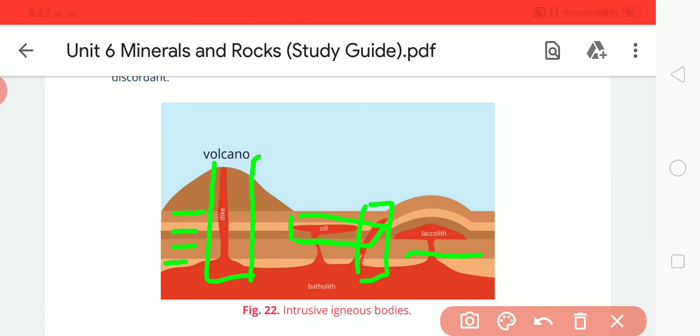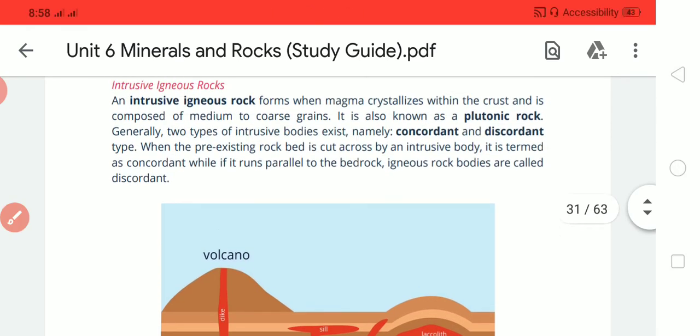They do not come out; instead, they lie within one bedrock, or are just attached to a certain bedrock. They did not cut across the different bedrocks of the Earth's crust. That is the main difference between discordant and concordant.